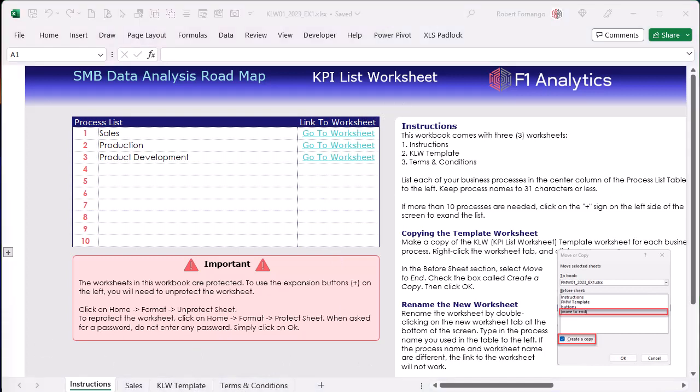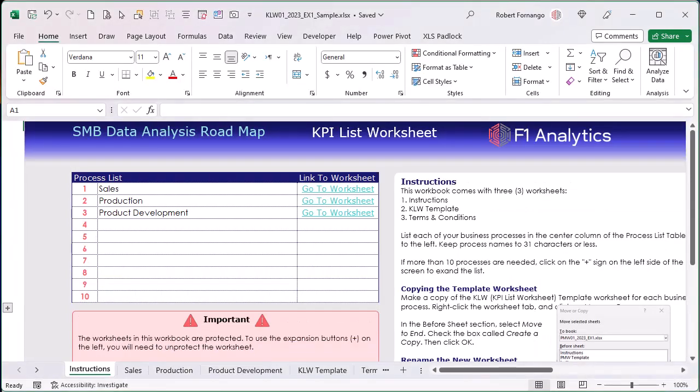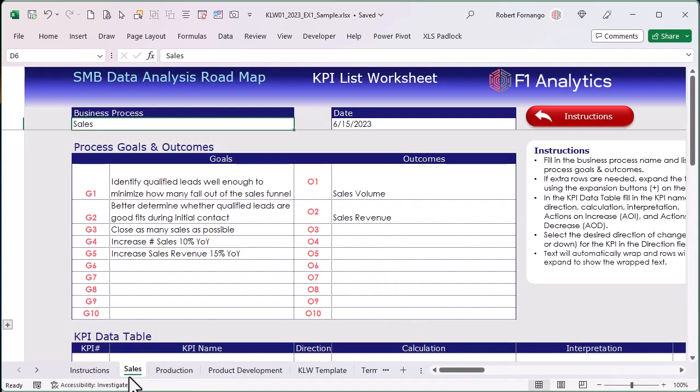Okay, so I've already completed one of these in our sample workbook. And so I'm going to bring that up so that you can see what we have in the sample workbook here. So on our sales worksheet, we have three areas that need to be filled out. The first is the header, which includes the business process and a date, so you know when your documentation was created.